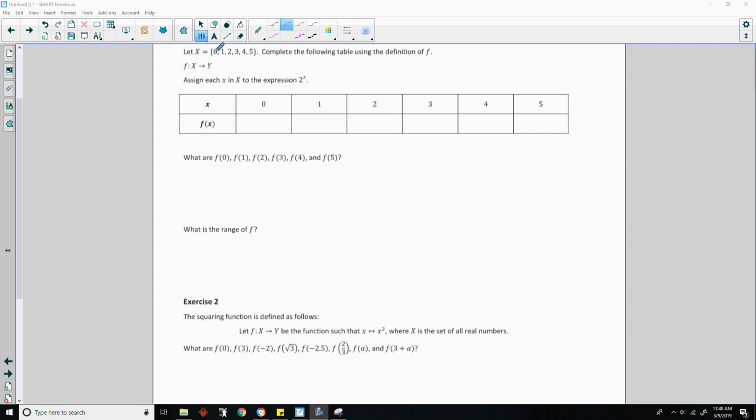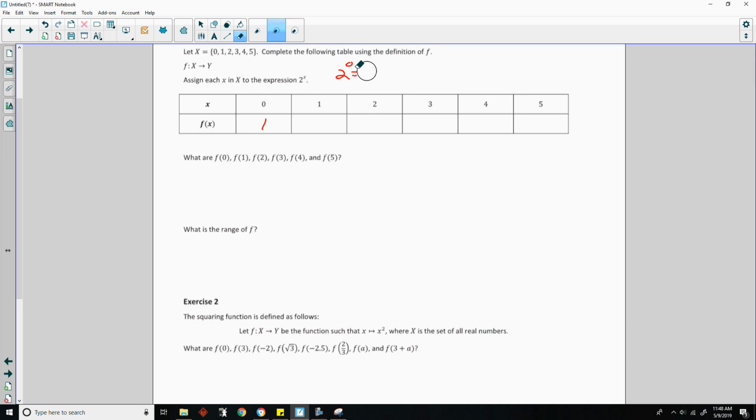So each x, 0 is a little x in the big set X, to the expression 2 to the power of x. So in other words, for 0, that would be 2 to the 0. And anything to the 0 power is 1. And then 2 to the 1.